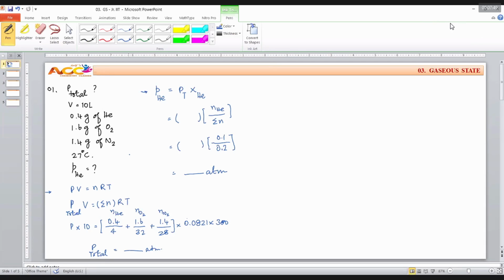Shoaib is saying total pressure is equal to 0.4926. Very good. This is 0.492. And the partial pressure of helium is 0.246. Very good. Anybody else? Nice. Saidur Rahman, got it. Very good. Correct. You are right.